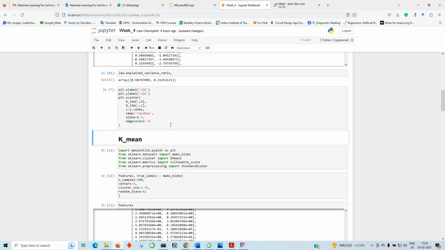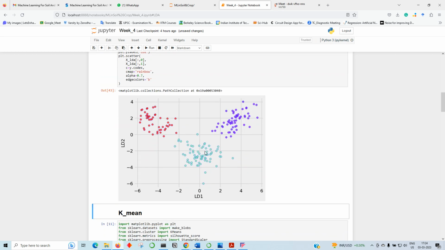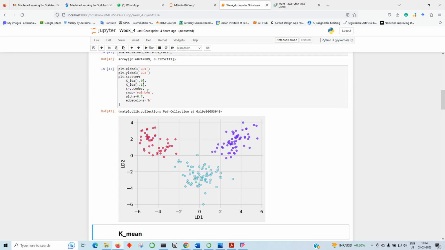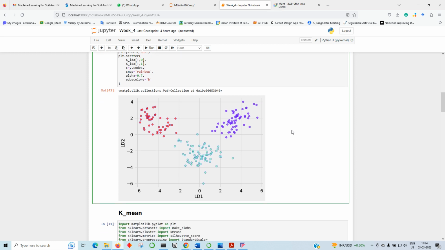We can see that it has in fact done a very good job, because we have given the scatter plot colors based on the Y codes: 0 is red, 1 is blue, and 2 is purple. So you can see that we have successfully done the classification based on linear discriminant analysis.